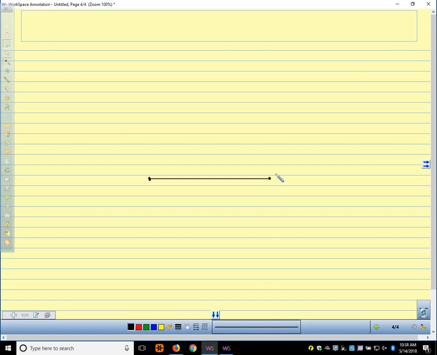For example, if I wanted to divide this into 4 segments, couldn't I divide it in half and then divide it in half again? So dividing it into an even number of segments is easy. We know how to bisect a segment, find the perpendicular bisector, find the midpoint. We know that construction. But let's say we want to divide this into 3 equal segments.